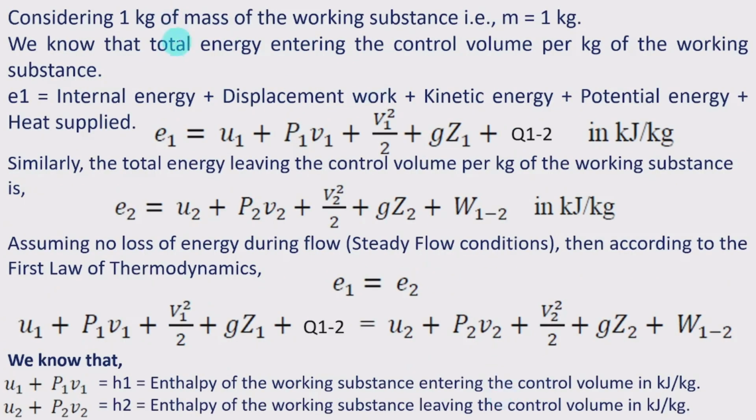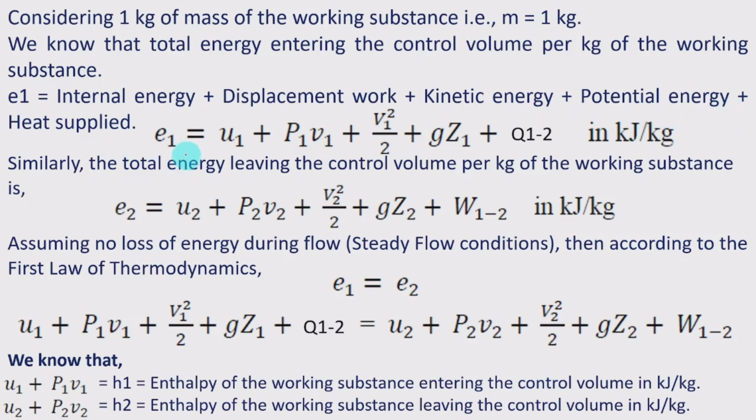Now considering 1 kg of the working substance, that is, mass m equal to 1, we know that the total energy entering the control volume per kg of the working substance is given as E1 equal to internal energy plus displacement work plus kinetic energy plus potential energy plus heat supplied.